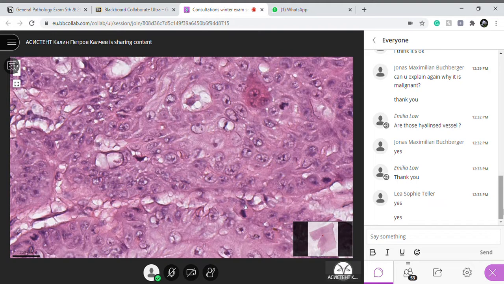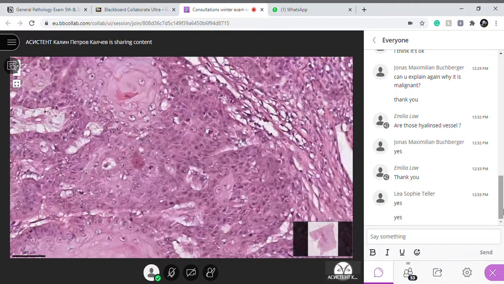Here there is one, here there is another, here there is a third one, here we have a fourth one. On one microscopic field, even on high magnification, I can find 4 mitotic figures, which is actually a very big mitotic activity.